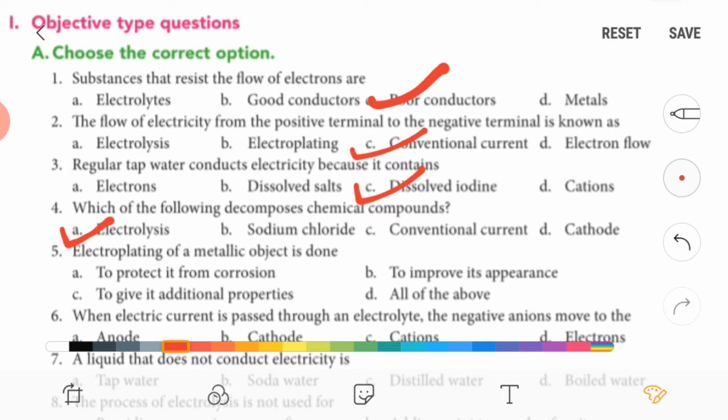Fifth one, electroplating of a metallic object is done to protect it from corrosion, to improve its appearance, to give it additional properties. So the answer is all of the above.